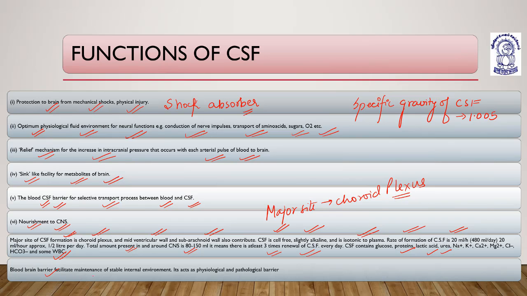Blood-brain barrier facilitates maintenance of stable internal environment. It acts as a physiological and pathological barrier. The CSF helps to provide buoyancy so that the weight of the brain cannot be felt.